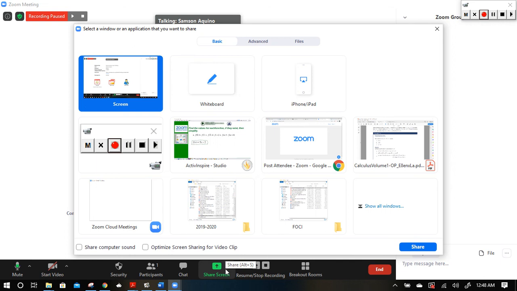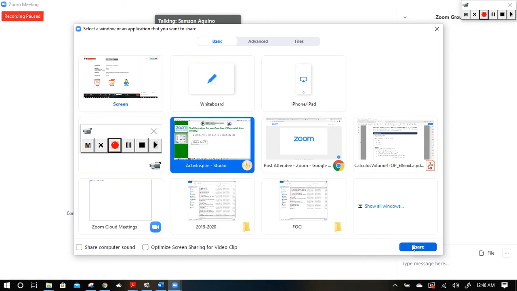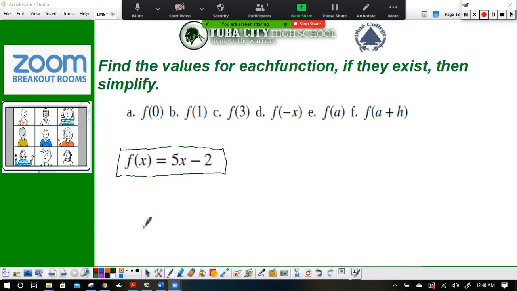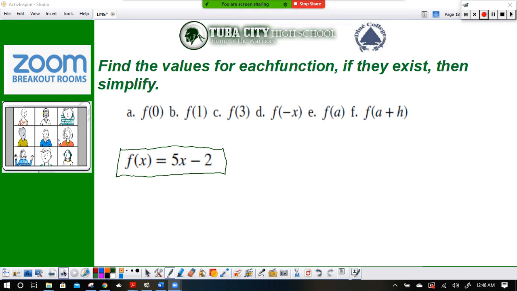And then I'll go back to my screen share and we will discuss the answer. That's how we will use Zoom meeting in real time, face-to-face interaction.